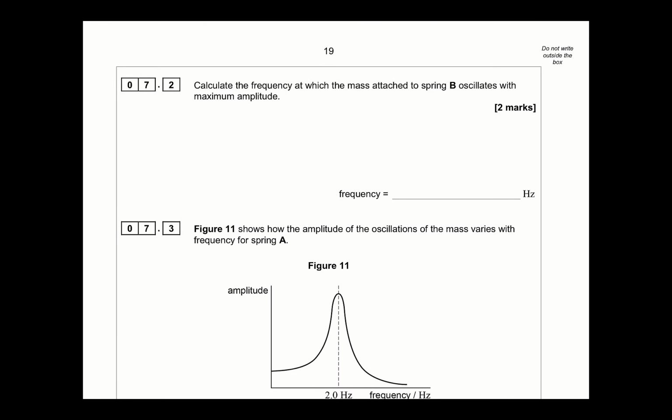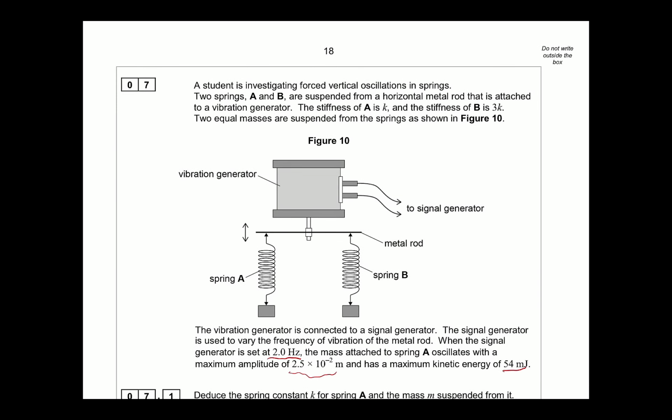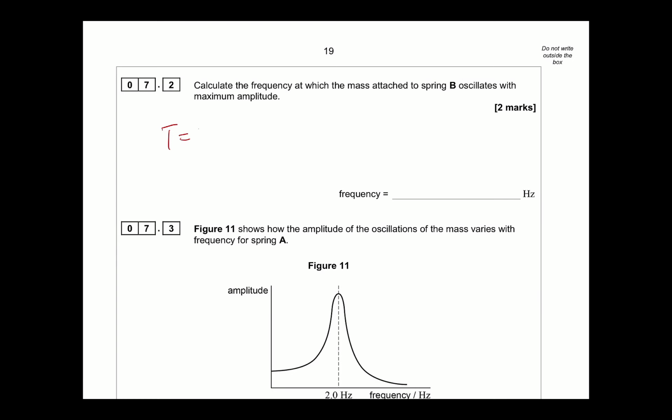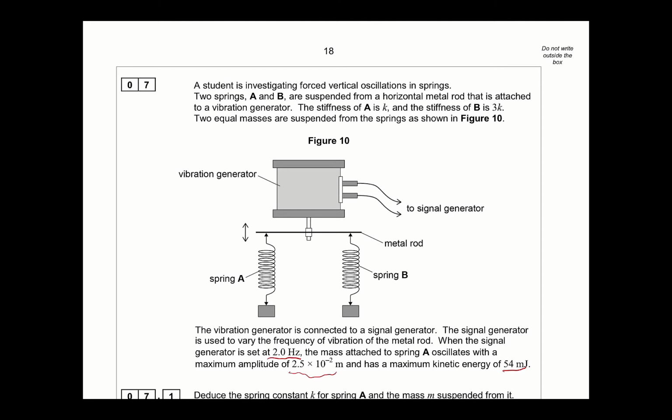Okay, calculate the frequency attached to the spring that B oscillates to with maximum amplitude. Okay, well, T equals 2 pi square root of m over K. And spring B is 3K.